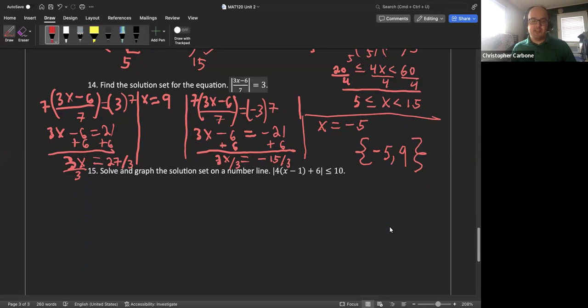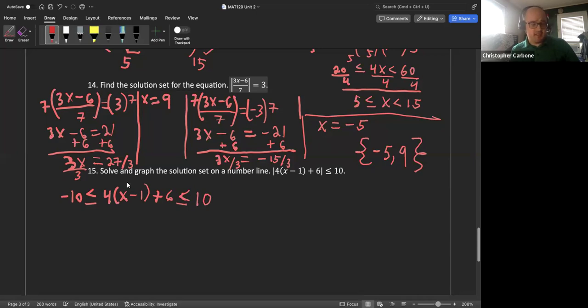Solve and graph the solution set on the number line: the absolute value of 4 times x minus 1, plus 6, is less than or equal to 10. So we could drop those absolute value bars and craft a compound inequality from it. This would be negative 10 is less than or equal to 4 times x minus 1 plus 6 is less than or equal to positive 10.